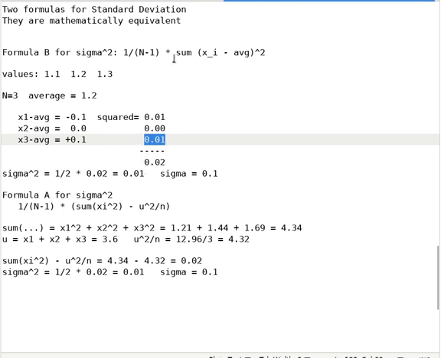We add those up, so we add up this sum here, we get 0.02, and then we multiply that by 1 over n minus 1, which is a half. So we end up with 1/2 times 0.02, which is 0.01, and that's sigma squared, so sigma is 0.1. All right, so that's formula 1.